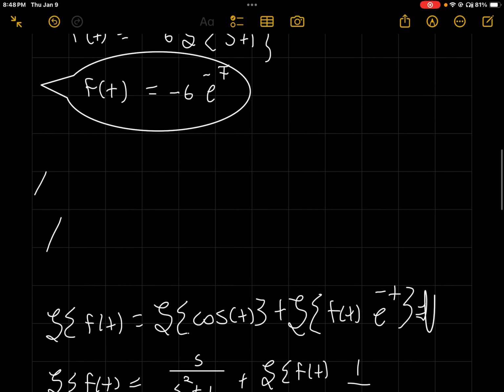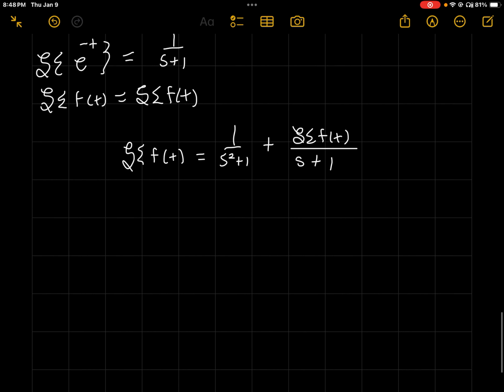The next thing I want to do is get the Laplace transformation of f of t on one side. So I'm going to subtract the Laplace transformation of f of t divided by s plus 1 from both sides.